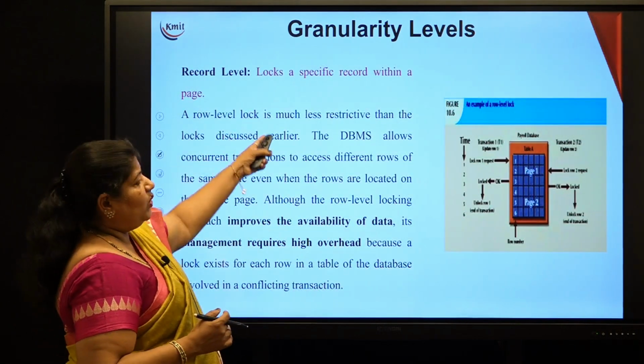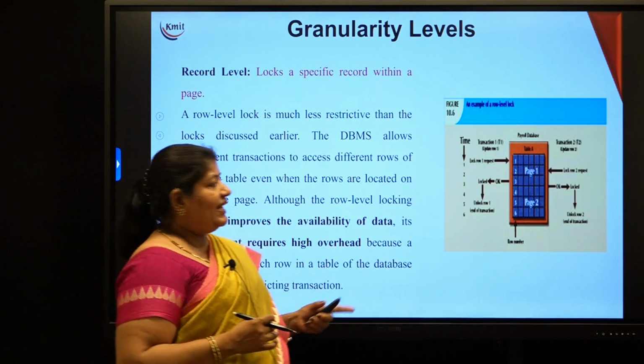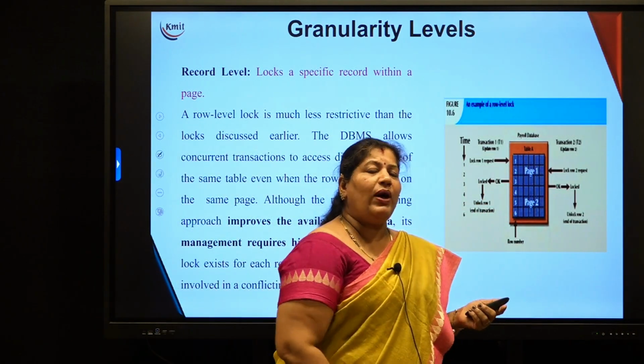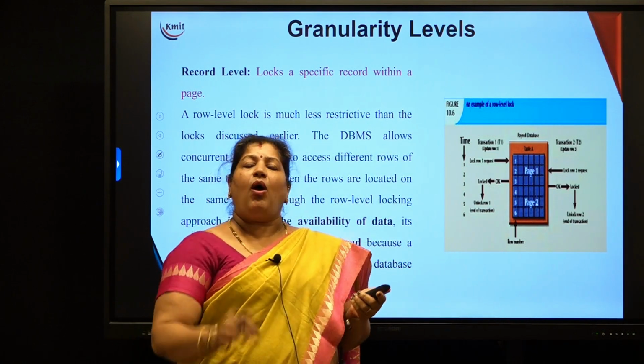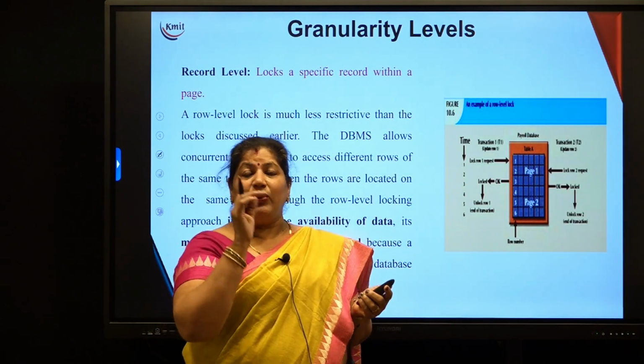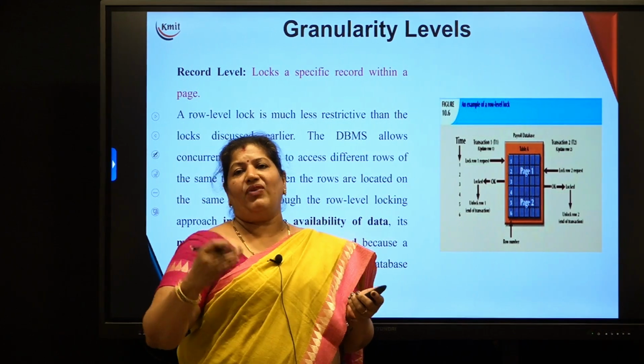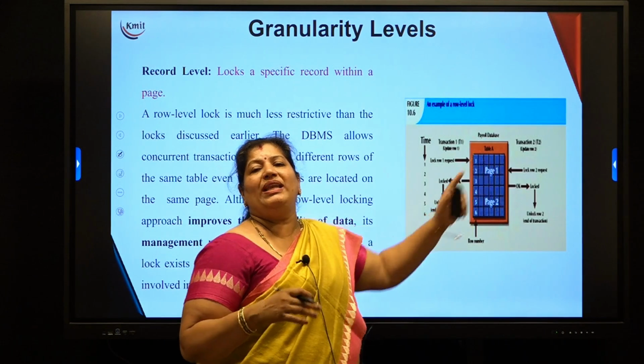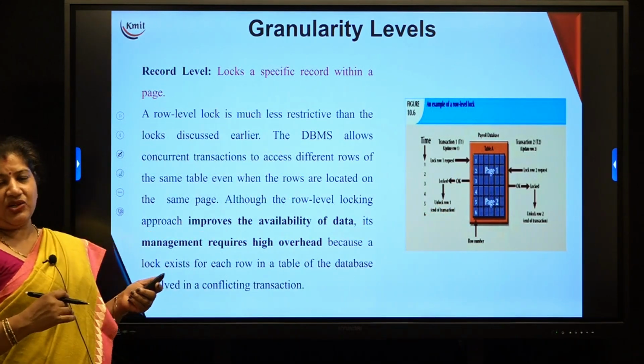The next level is your record level. What we have seen is row wise or row level or record level. So, if you want to access row 1, you apply lock only on row 1. So that within that same table, row 5, row 6, row 7, whatever you are talking, can be individually accessed by other transactions.